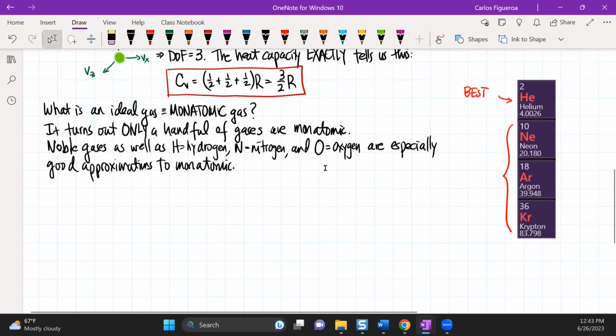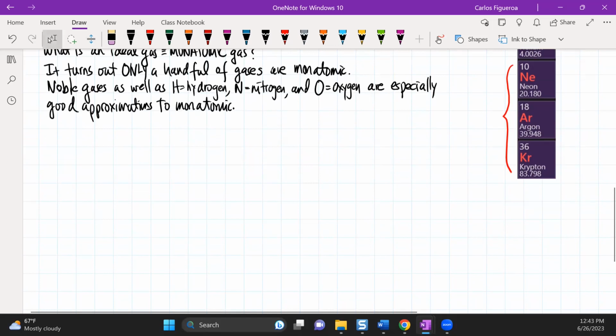Okay, so now that we've talked about that, I don't know how much to actually say here. There's a problem with nitrogen, argon, and krypton. It's because they're large. Their volumes can't be ignored.